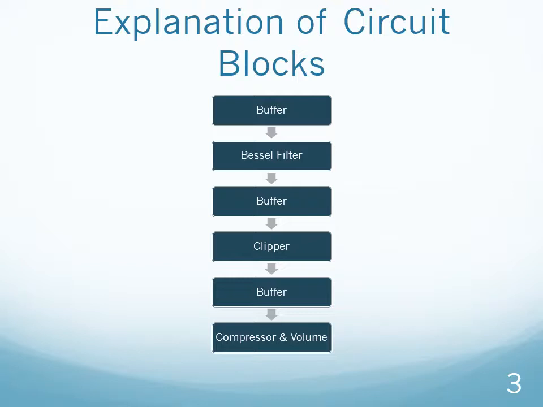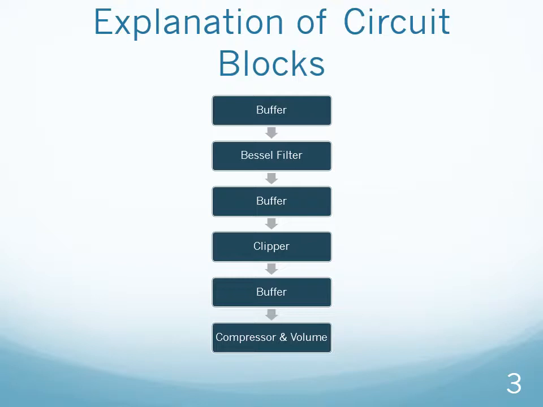But from the Bessel to the clipper, in between them, there's another buffer. And then in the clipper stage, you have positive and negative clipping that are variable, controlled by a potentiometer, and they're independent as well. So you could clip just the positive voltages, just the negative voltages. And then after the clipper, there's a buffer between the compressor and the volume stage.